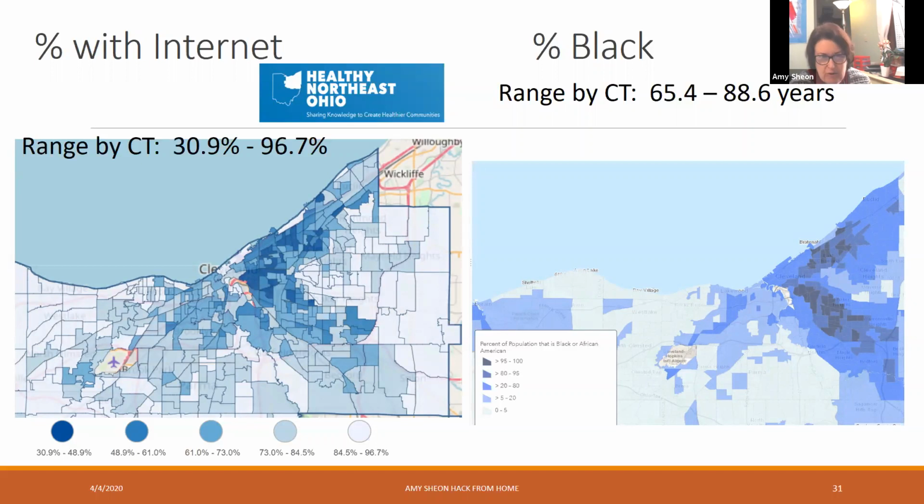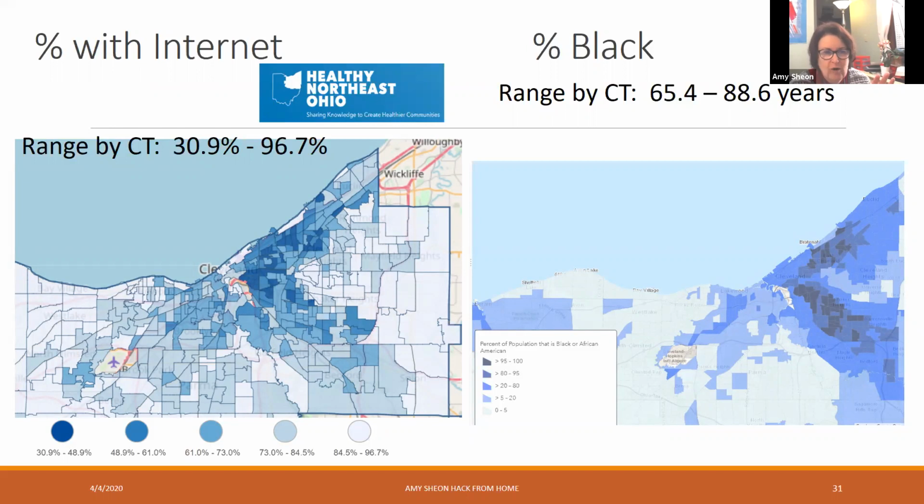Cleveland is one of the most segregated cities in the US, and in these darkest areas, more than 95% of residents are Black. And in these light areas, fewer than 5% of residents are Black. So, you've got this enormous disparity.